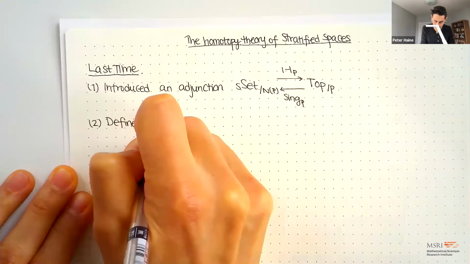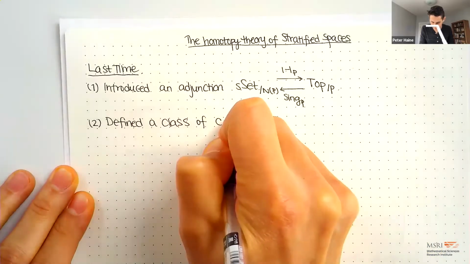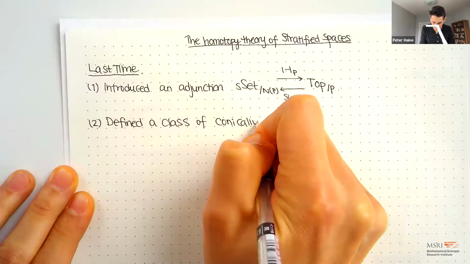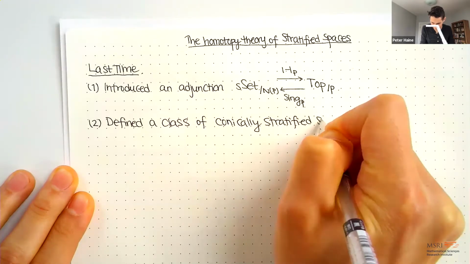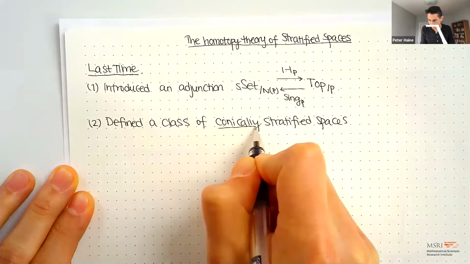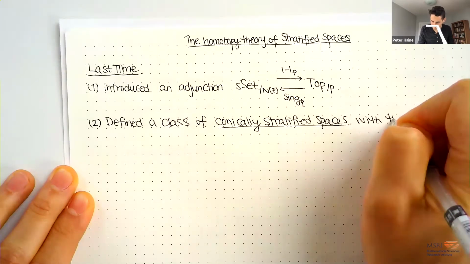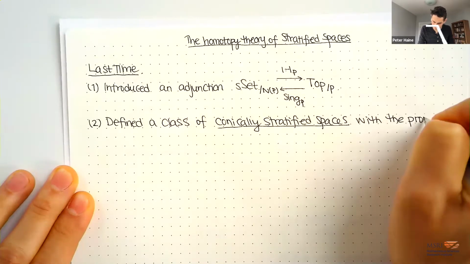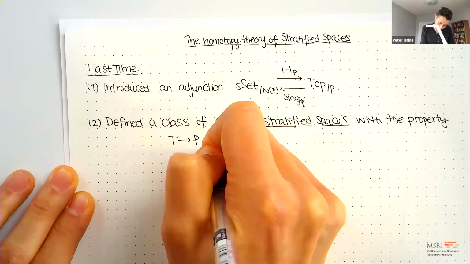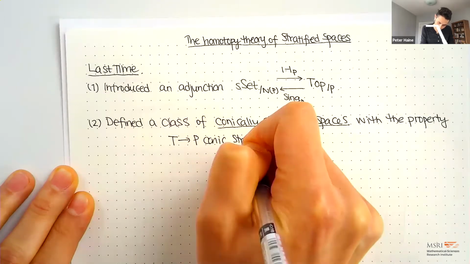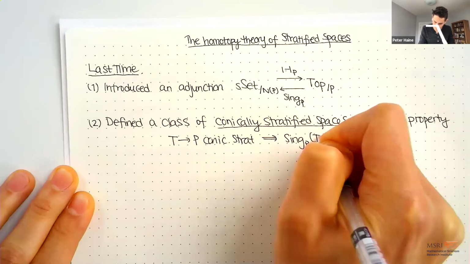But what we did was we defined a class of what we called conically stratified spaces, with the property that if T down to P is conically stratified, then this Sing P of T is a quasi-category.